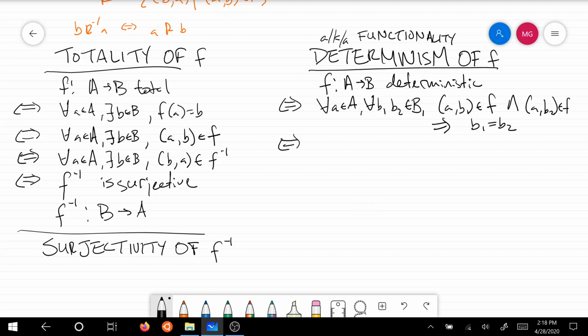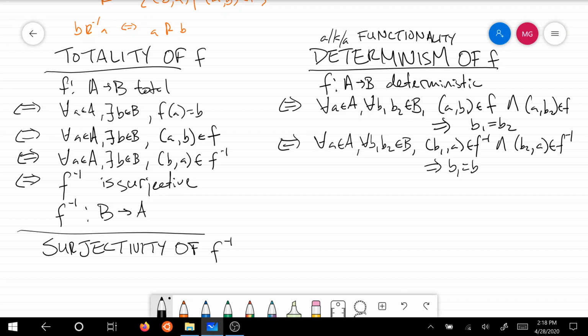All right, let's carry this out and start to think about what it would mean for the inverse. Okay, well that means that, for these same for alls, for all a in A, for all b1, b2 in B, (b1, a) in f inverse and (b2, a) in f inverse implies that b1 equals b2. Right, we can write this maybe a little more familiarly. I'll swap the orders of the quantifiers here.